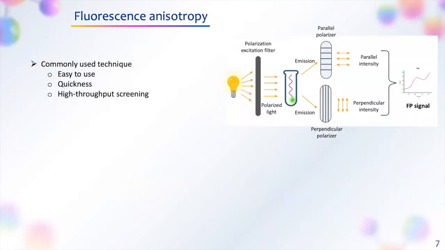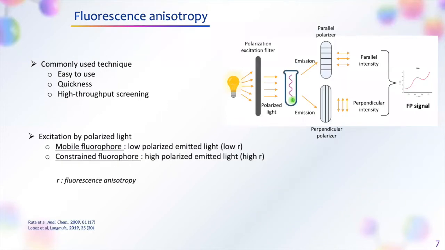So we used fluorescence anisotropy as a readout mode since it's a technique widely used in small molecule analysis. The advantages are the simplicity of use, the speed, and also the high throughput capability. It consists in exciting the fluorophore with polarized light.